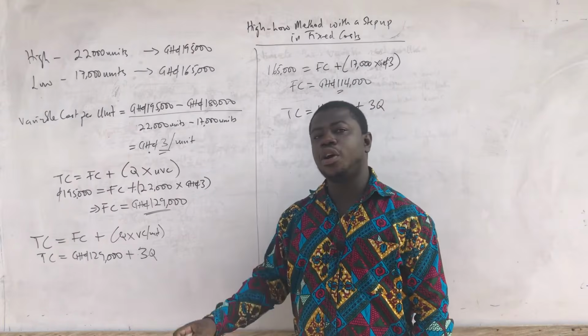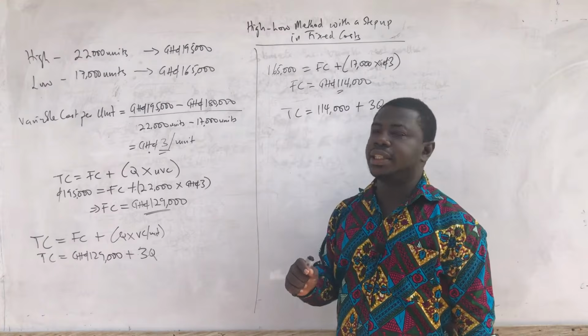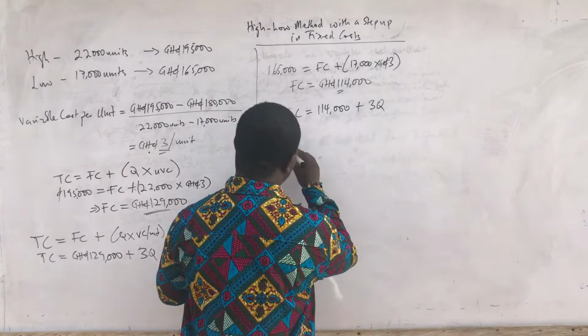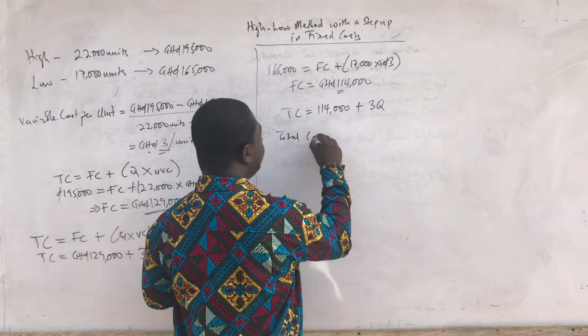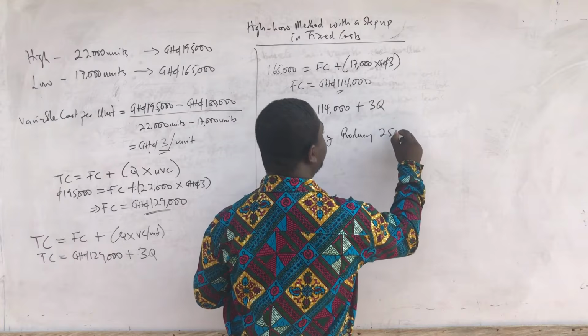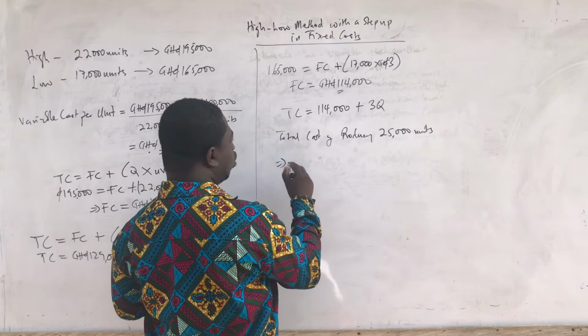If you are finding total cost for units that are below the 19,000, then you are going to use that. And so for the 25,000, I will say that the total cost of producing 25,000 units will now be equal to this.